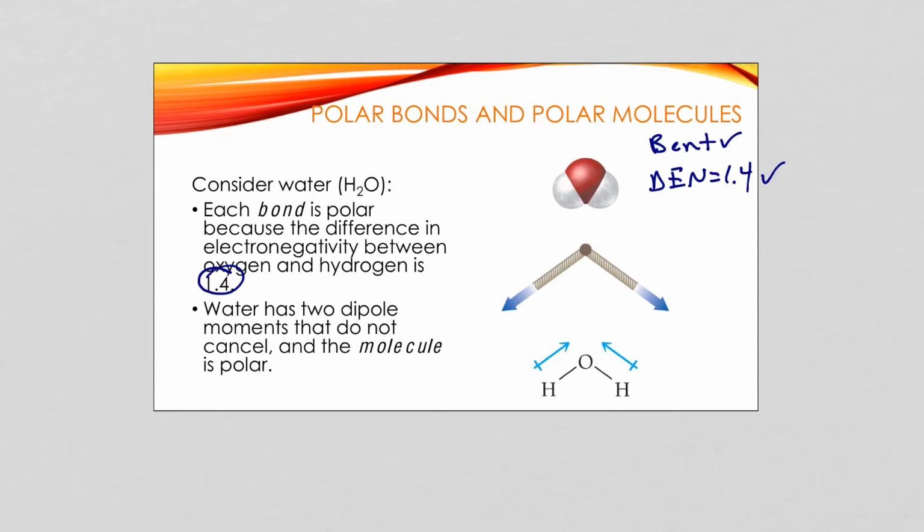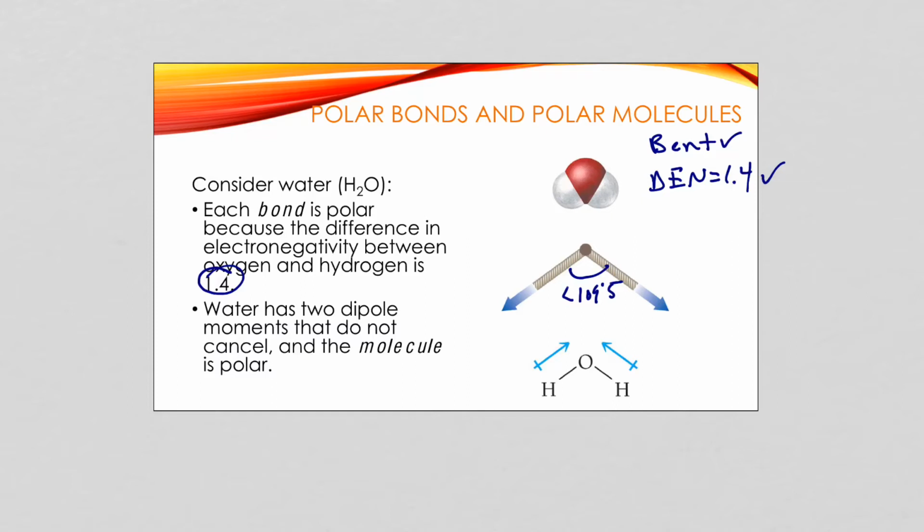If we look at this, we see that these angles, if we remember, are about 109.5. And so when we draw these dipoles, in this example they point toward the oxygen, but it doesn't really matter. They could both be pointing out and we'd get the same effect.